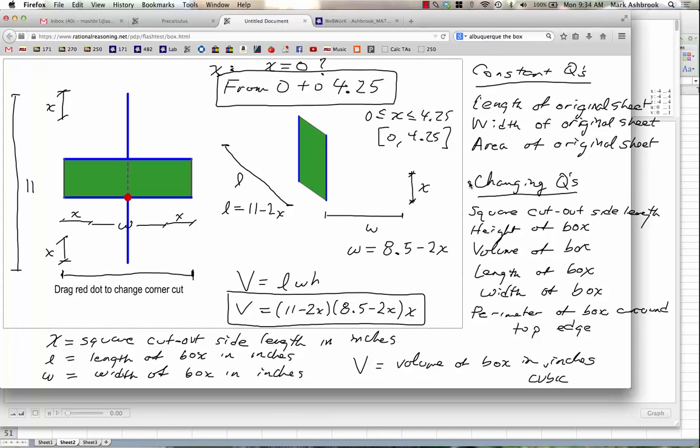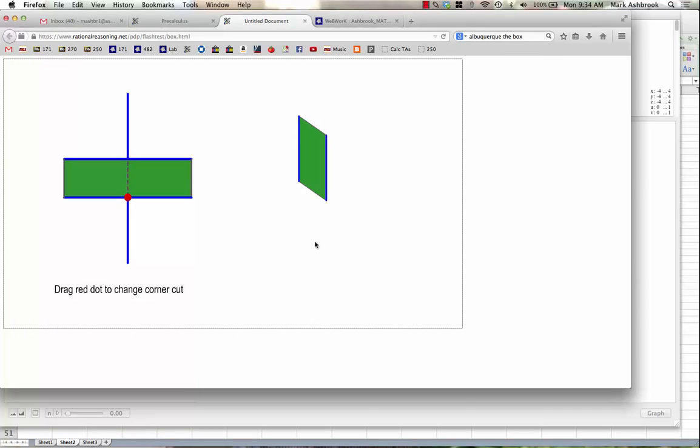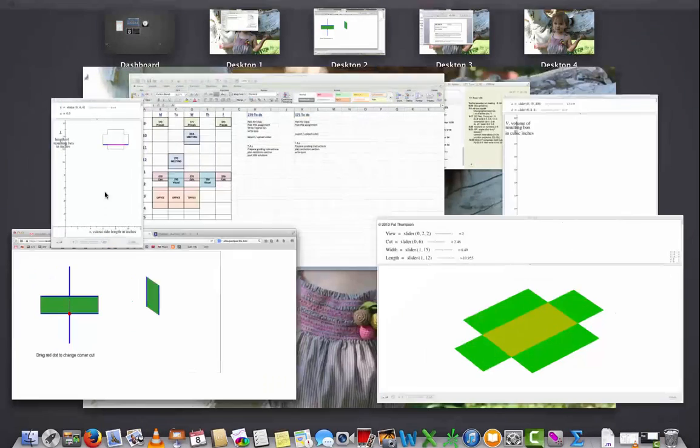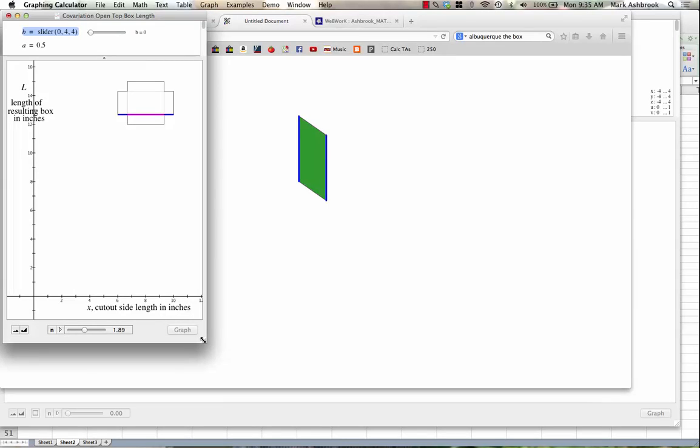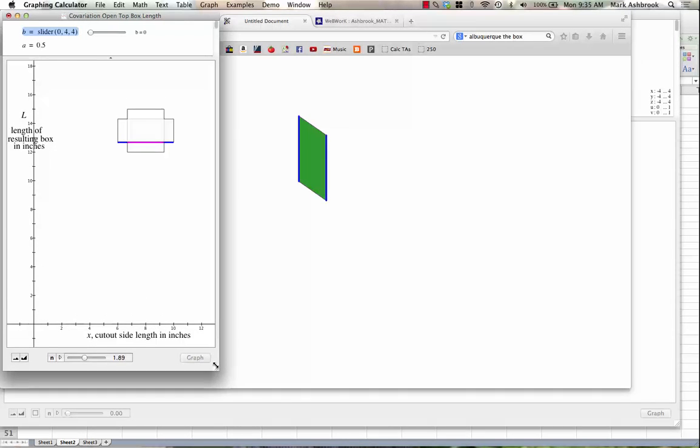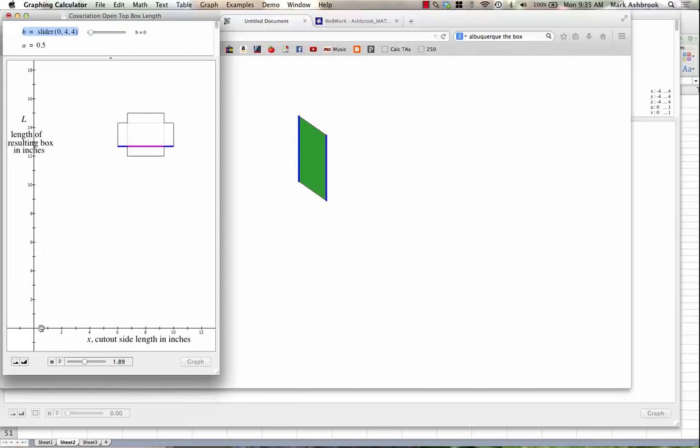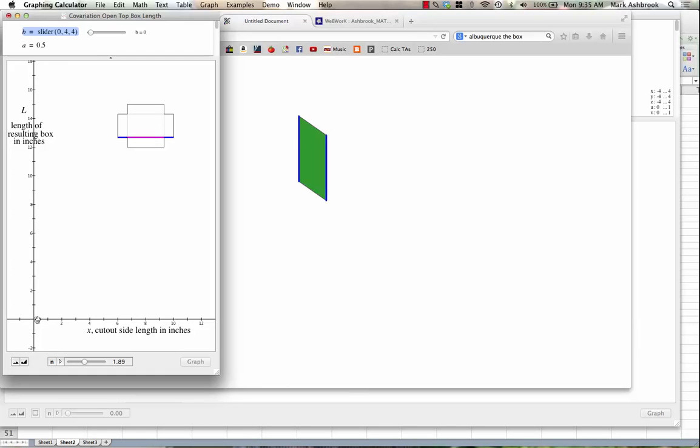Okay, so we're going to look at this length relationship a little more closely and the volume relationship a little more closely here. I'm going to graph the length of the resulting box in inches in terms of the cutout side length.